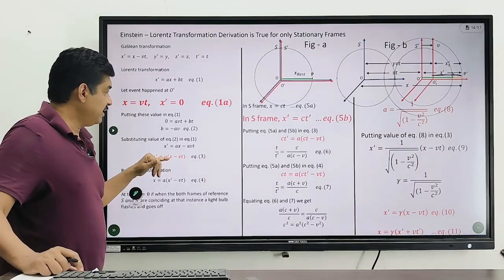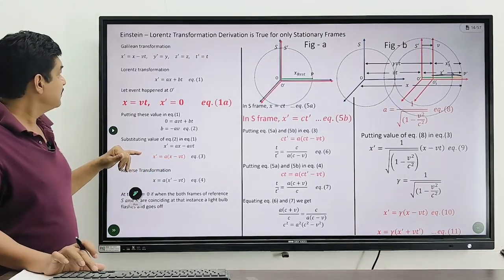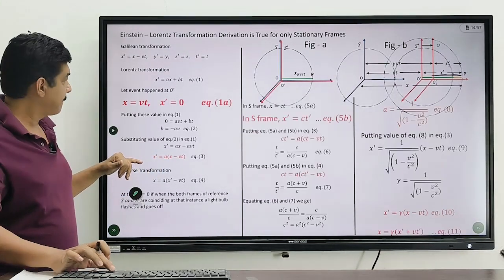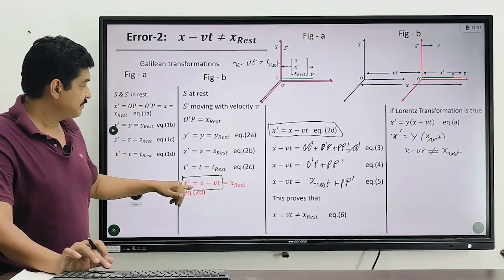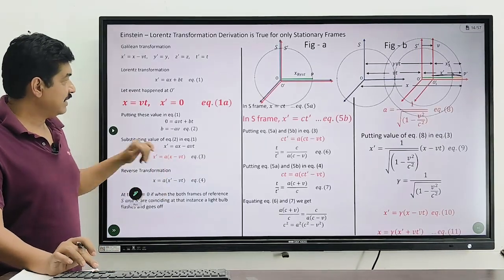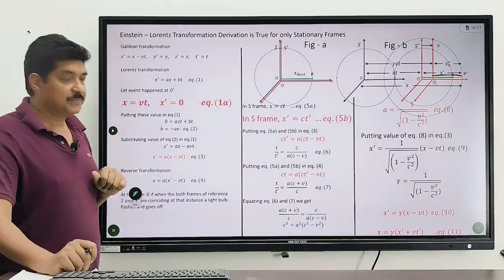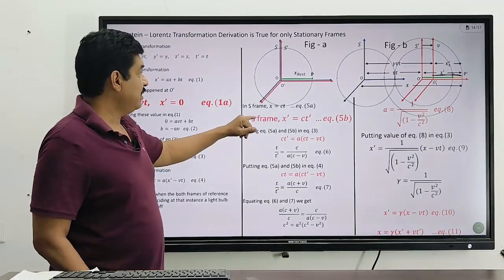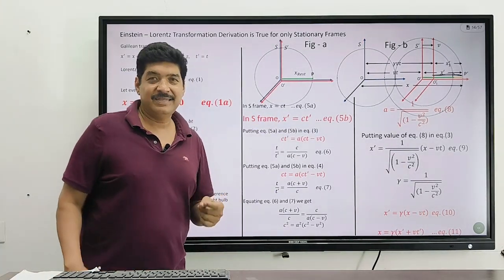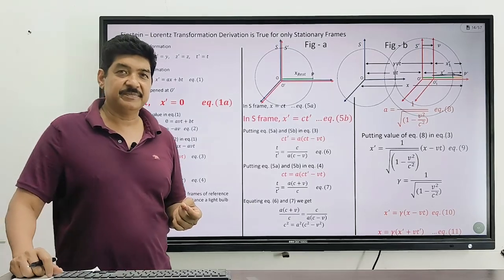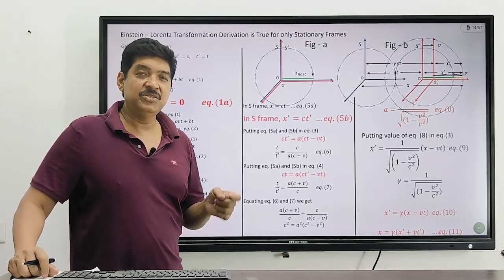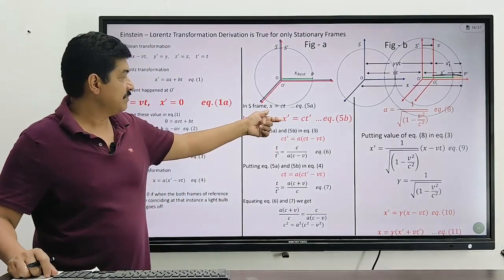Then this is the error because of this. This is the second error, right? The third error is the assumption that there is time dilation. There is no time dilation, so the error is here.